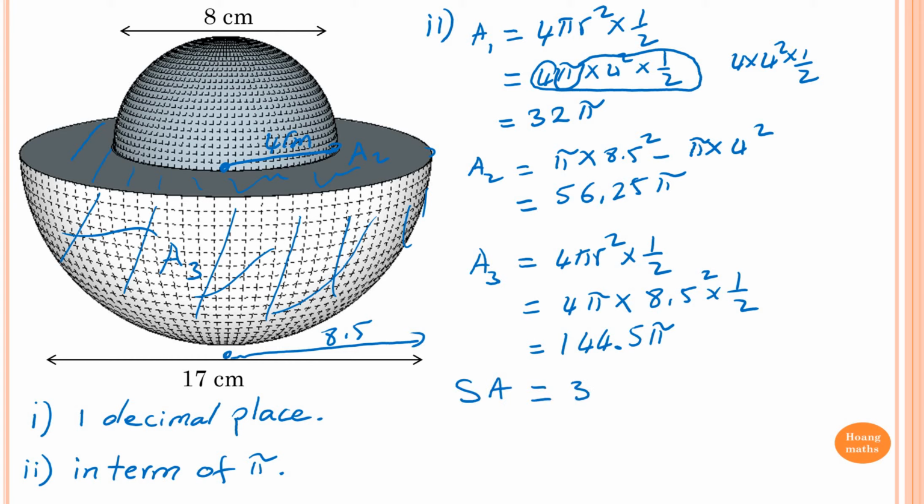So the surface area of this is 32 pi, this one here, add this part, which is 56.25 pi, add 144.5 pi. So all I need to do now is just put this in a calculator.